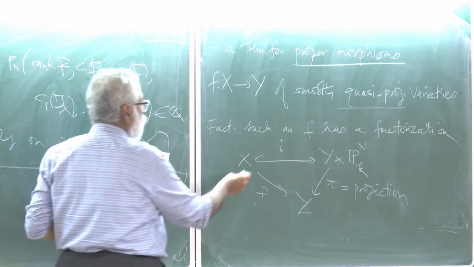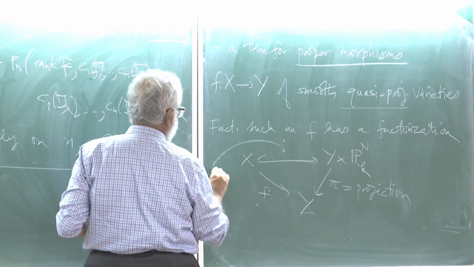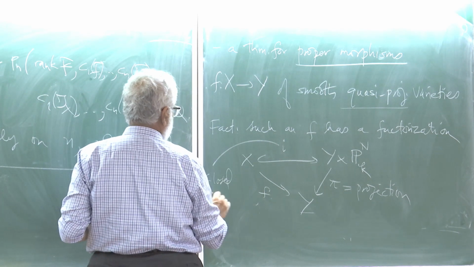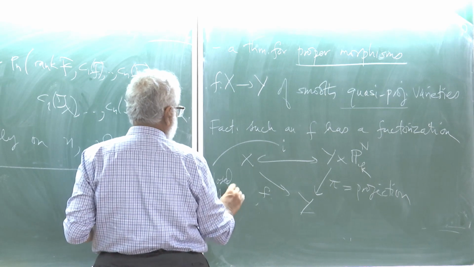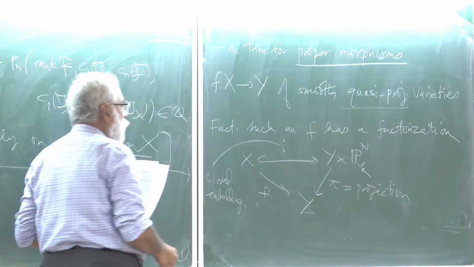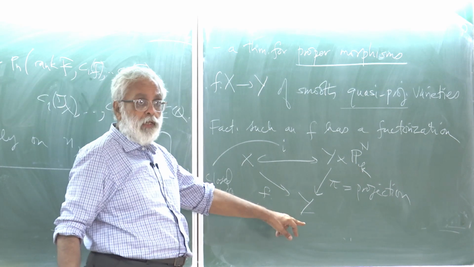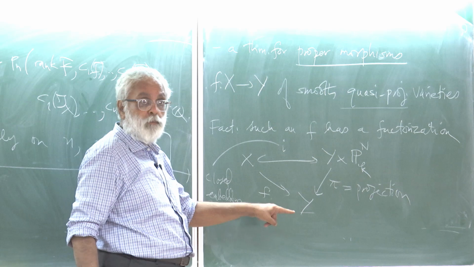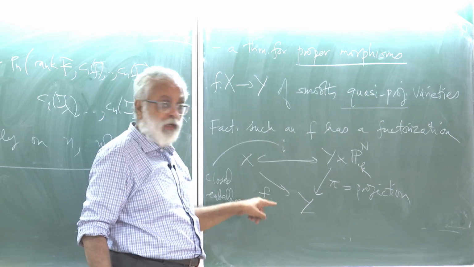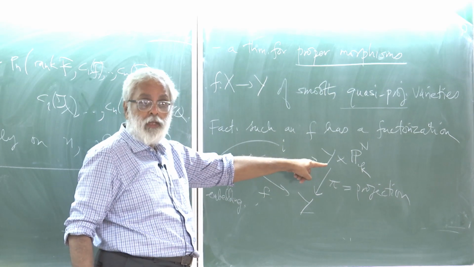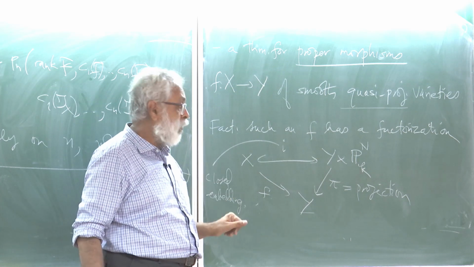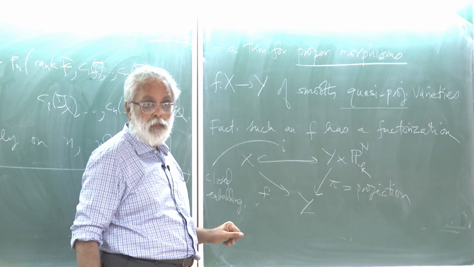This i is a closed embedding. So the claim is that if we have a proper morphism f: X to Y, it's always possible to put it into a diagram of this kind, where the map to Y cross P^n is a closed embedding, and the map Y cross P^n to Y is just the projection.